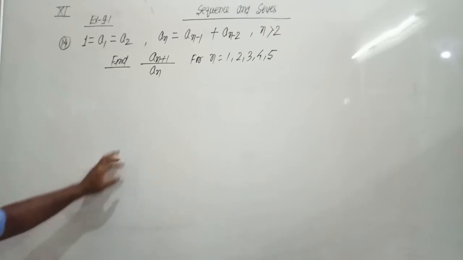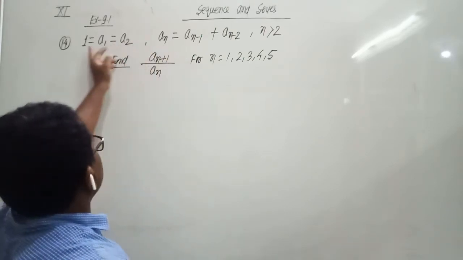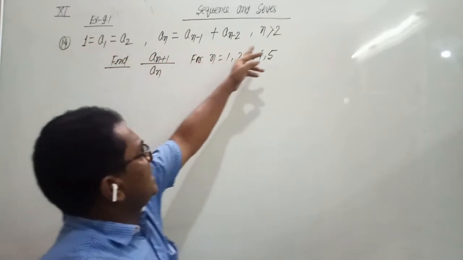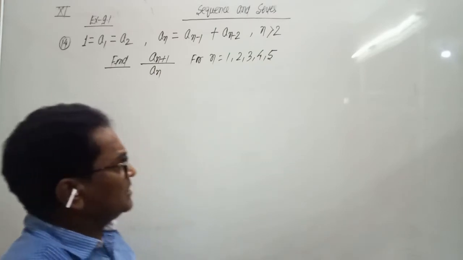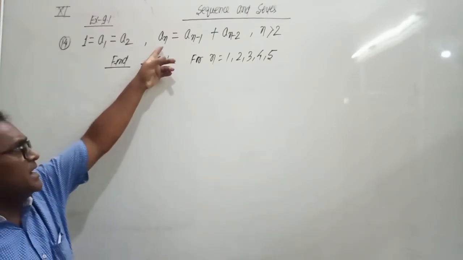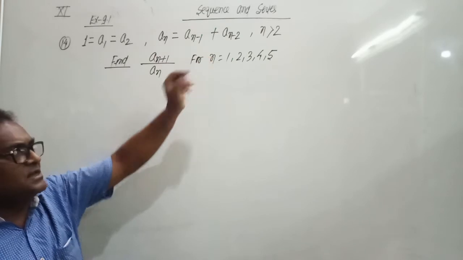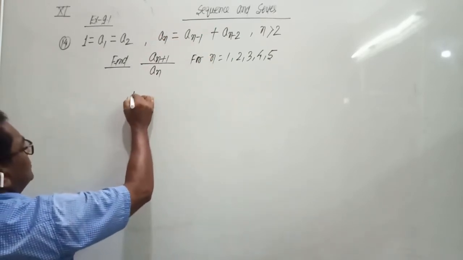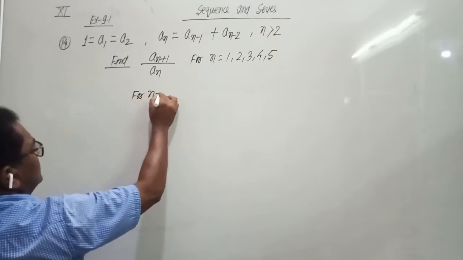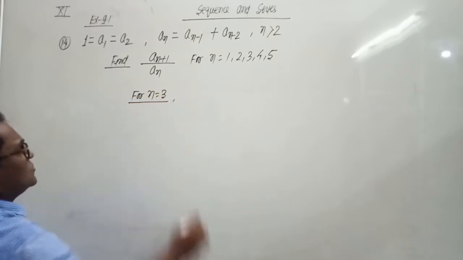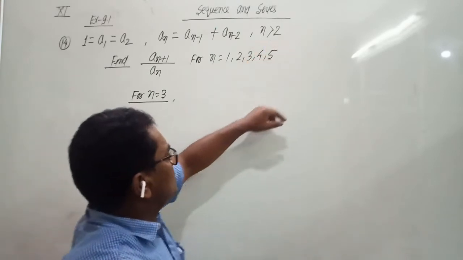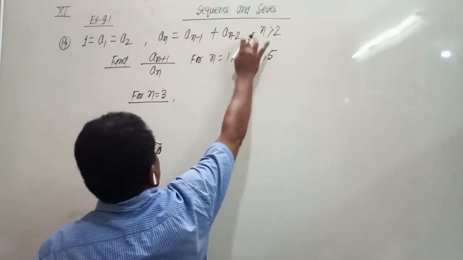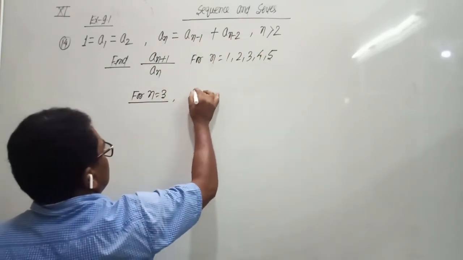So the value of a1 and a2 is given already, and n is greater than 2, so we start from n equals 3. In this expression, we put n equals 3.